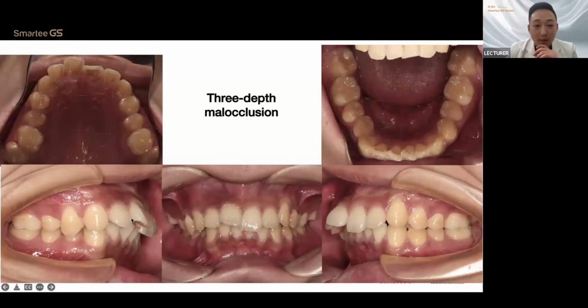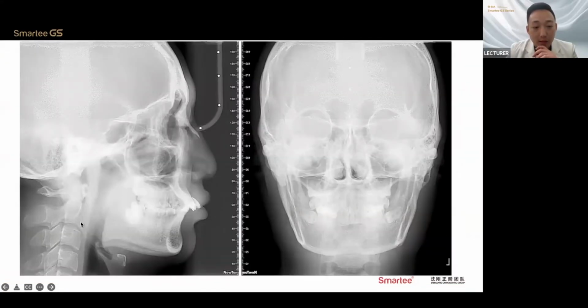Okay, and then from the side you can see his mandible has a horizontal growth pattern, which we call a low or average angle, and the protrusive lips and the incisor proclination here. The posterior and anterior radiographs show the gonion here.